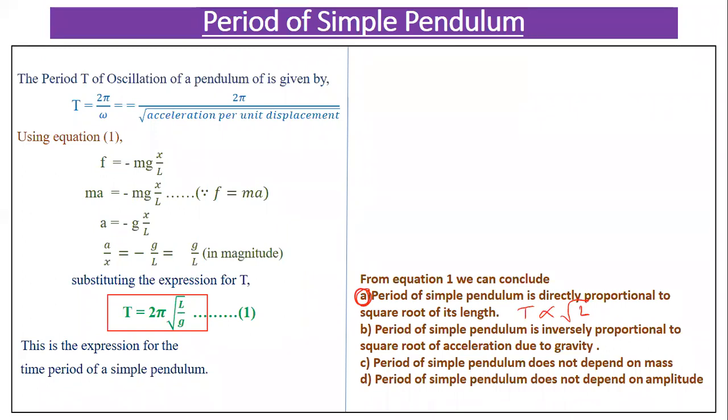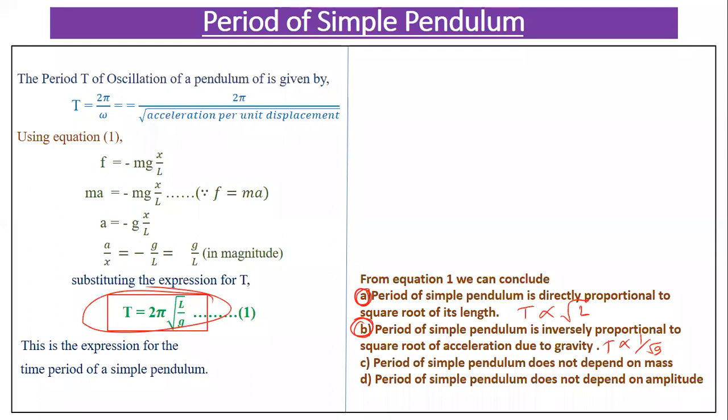Second conclusion, the period of a simple pendulum is inversely proportional to the square root of acceleration due to gravity. So this is the second conclusion by this formula.